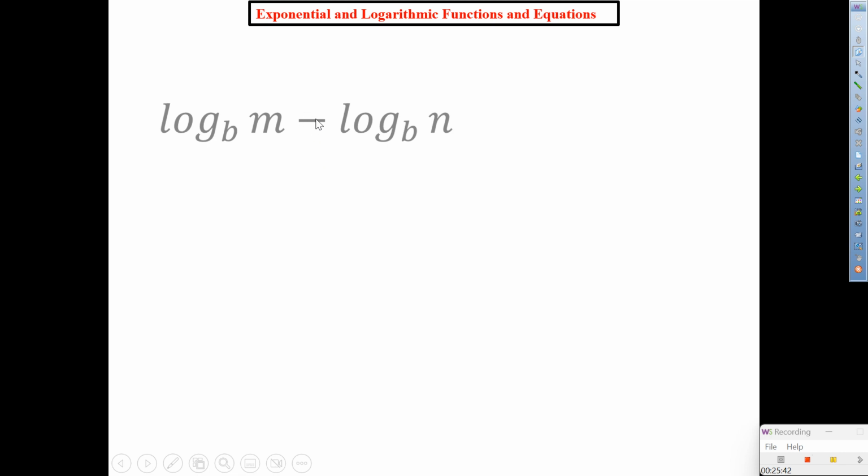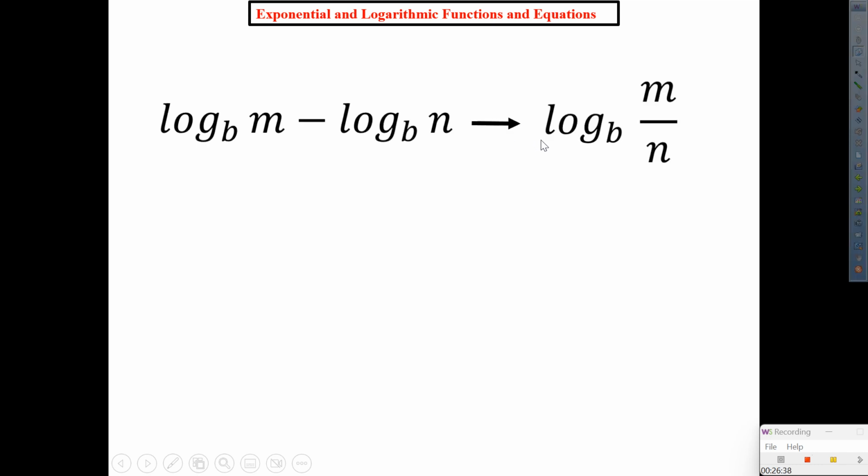Now we have what? Subtraction. Close. Jaden, what do you think? Yeah, of course, we subtract, but what happens to the given numbers? Christopher, let's go. Divide. If for addition we multiplied, for subtraction we divide.